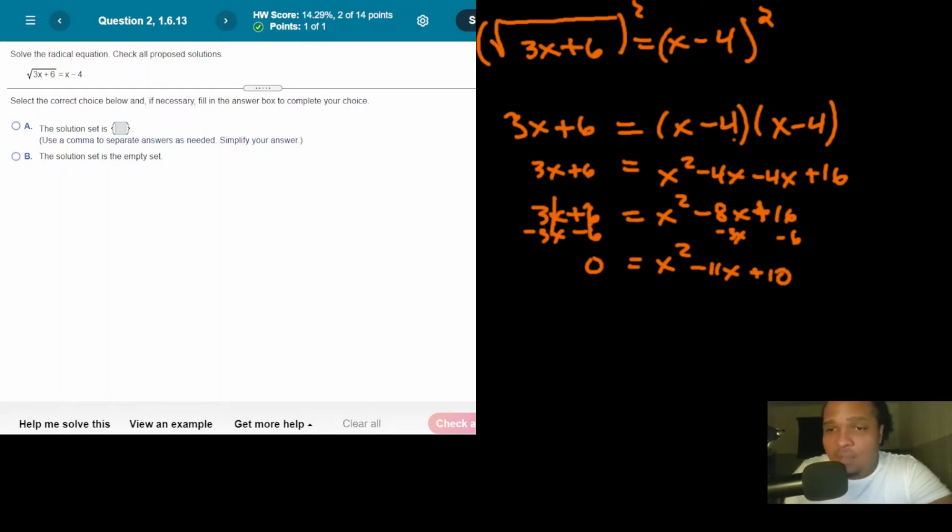Now, it looks nice and neat. Let's go ahead and factor up everything. So you get 0 is equal to, we put x and x. And we have a plus. Our C term is actually a positive this time, right? So whenever you have a positive C, that means the signs in here have to be the same.